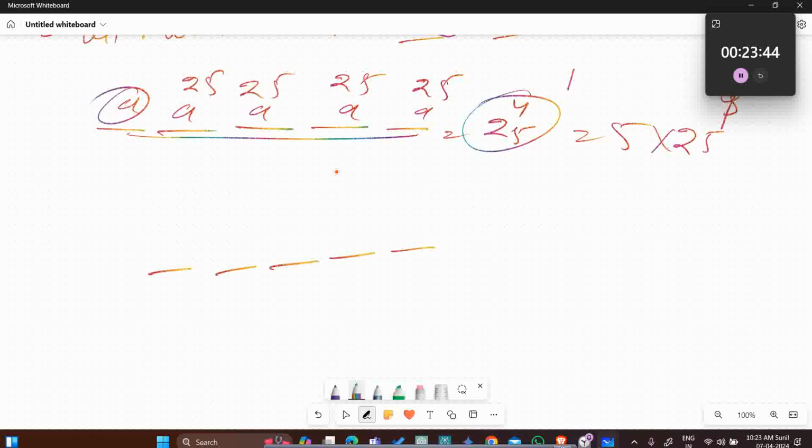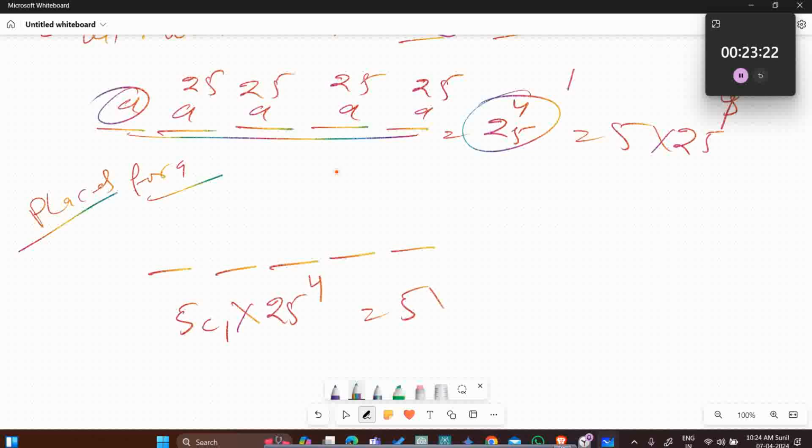The second method is, there are 5 places here for A. We can select any of them to set A. So 5C1, select 1, right? And the rest of 4 is for other things, into 25 letters to the 4. It would be like that only.